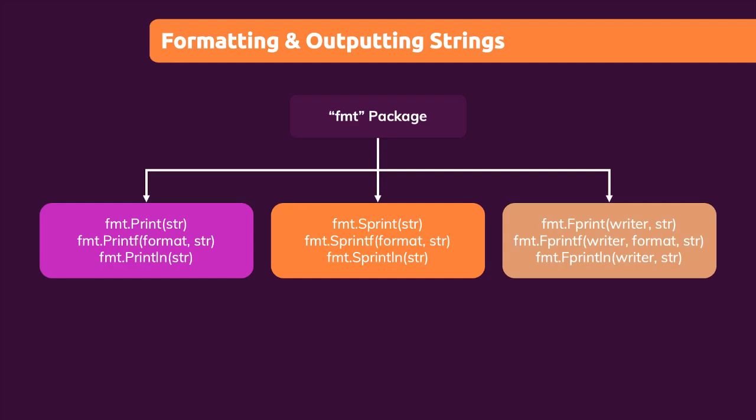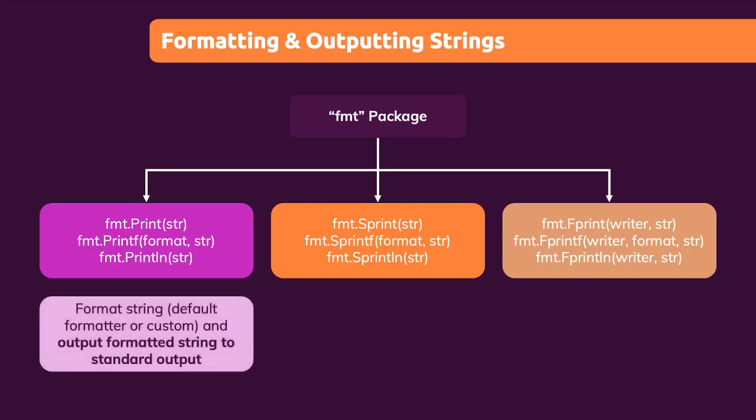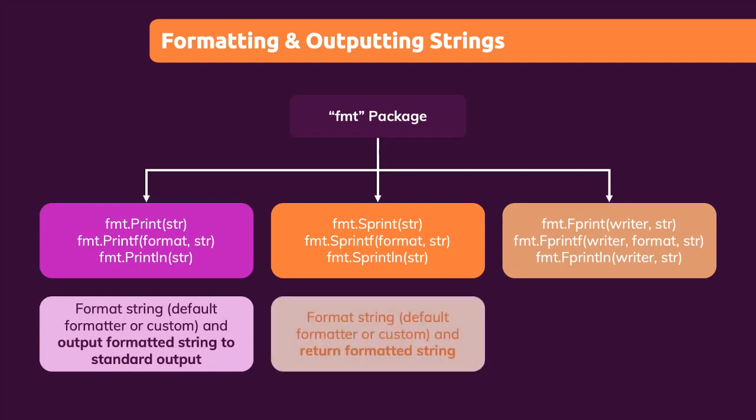Now, the difference between these different groups is that the left group, print, printf, and println, directly output a value in the command line, so that we can see some output if we run our go command. Sprint, on the other hand, instead produces a new string that we can, for example, store in a new variable. So that will not output it, it will just produce a new string.